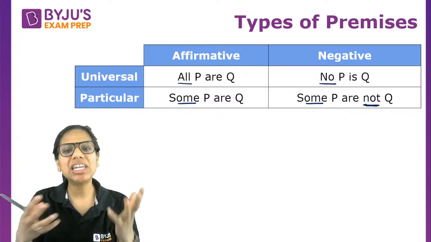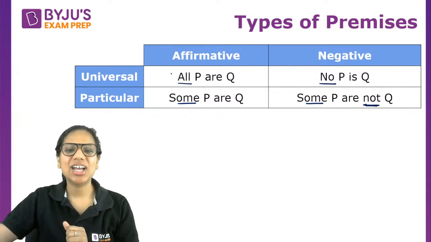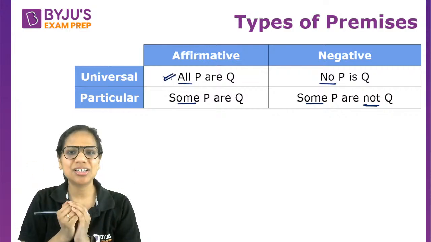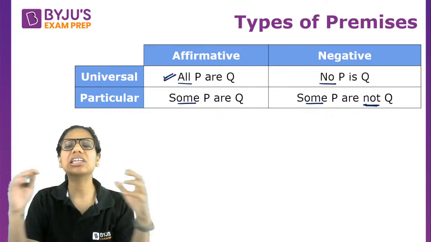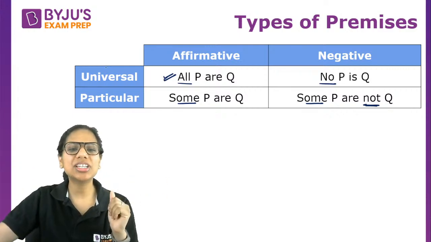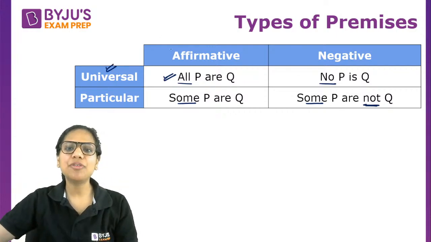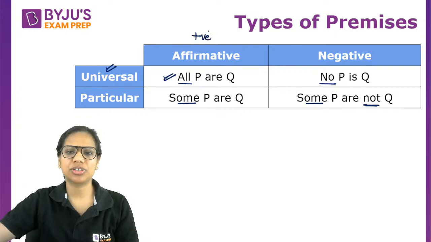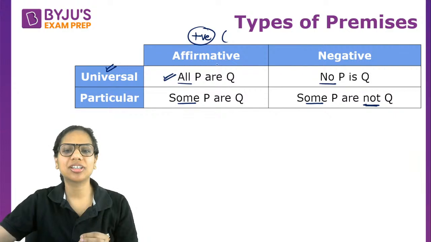Now, we have given names to these, fancy names. When I say all, it's covering everything. So all trees are brown, sare ke sare. That's why it's called a universal statement, because it's covering everything. Affirmative simply means positive. It means that there is an absence of no or not in this statement.